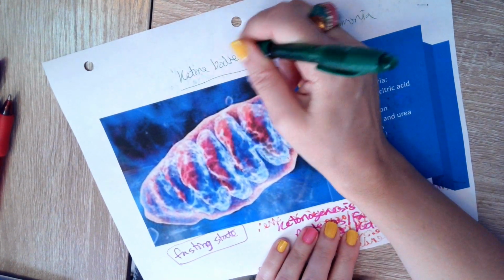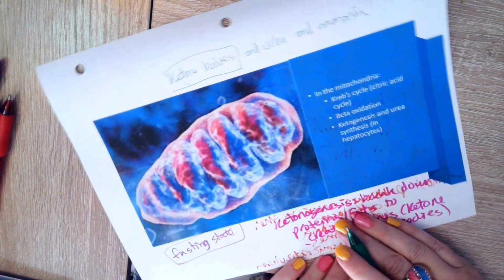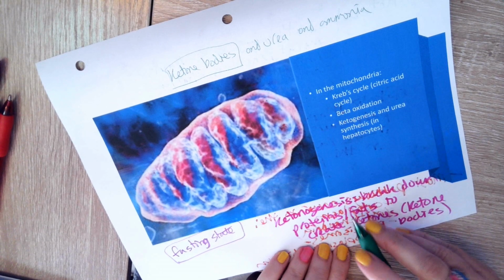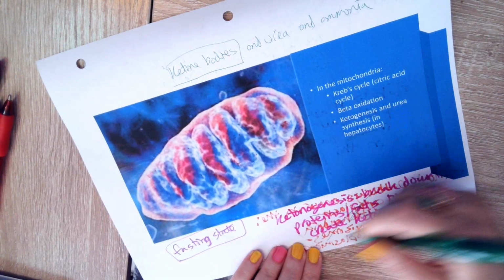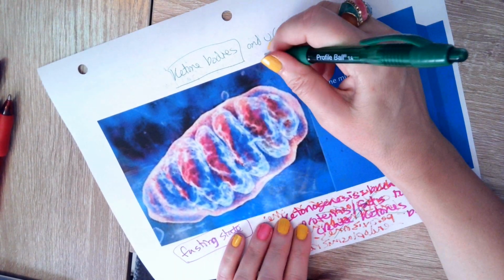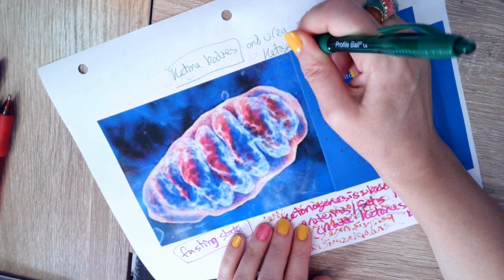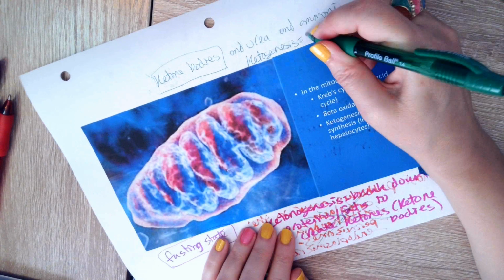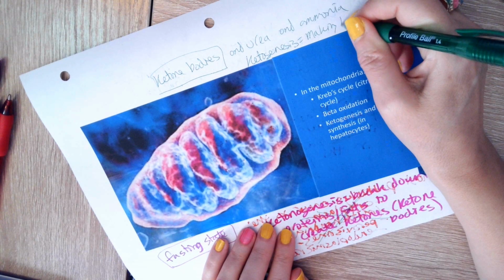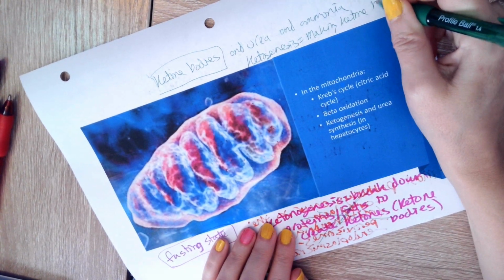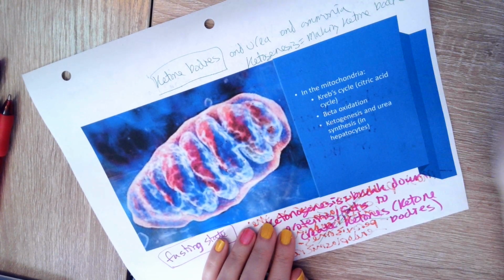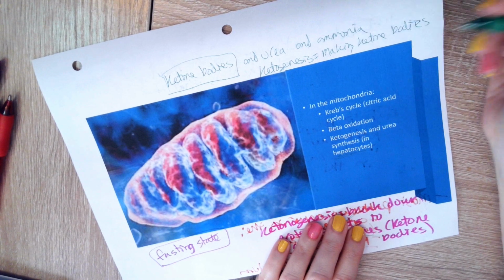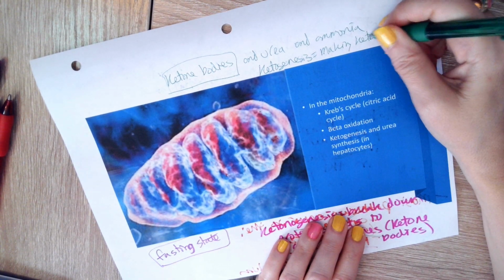Now, the ketone bodies, it's written here, I wrote notes on it earlier so you can't see, so just pretend you can't see that. I'll rewrite all that. So with ketogenesis, we're making the ketone bodies, and these ketone bodies are coming from either proteins, usually proteins, but also from fats.